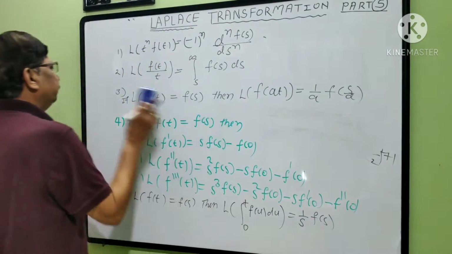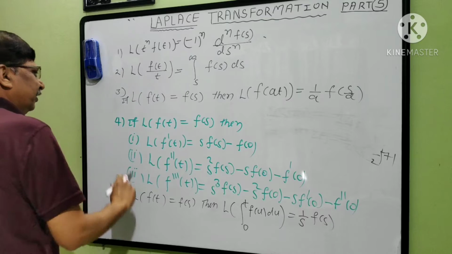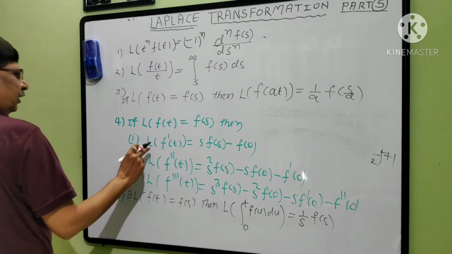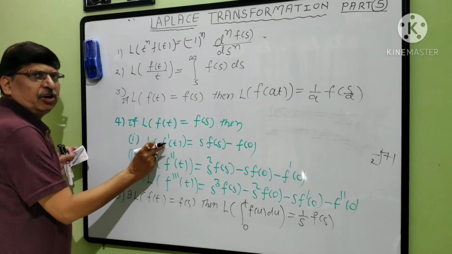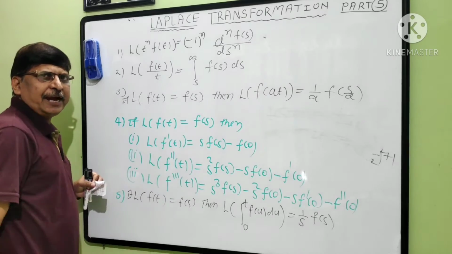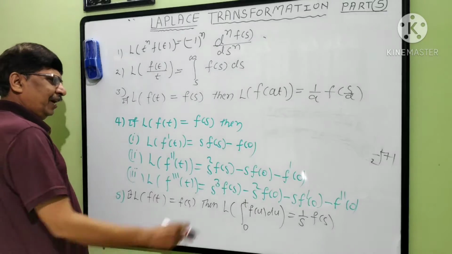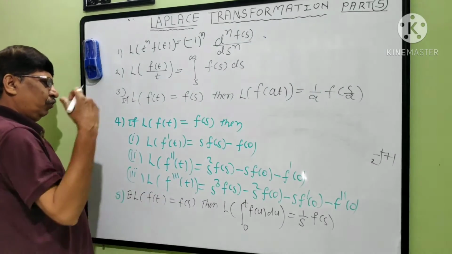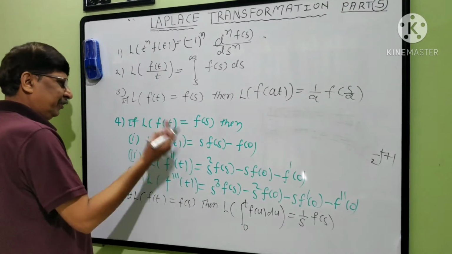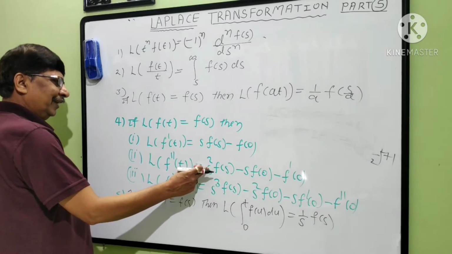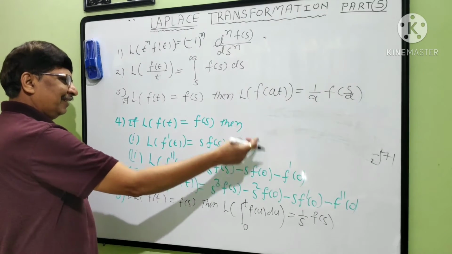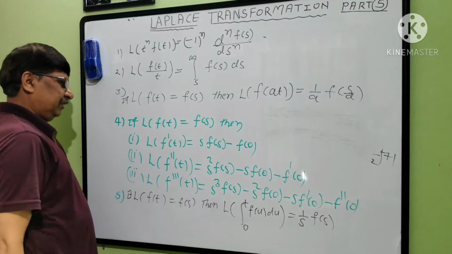Now the fourth result is, if you want to find the Laplace transformation of the derivative, f dash t, then this is the formula. Note down this: s F of s minus f of 0. Suppose you want to find the Laplace transformation of the second derivative, it will be s square F of s minus s f of 0 minus f dash 0.